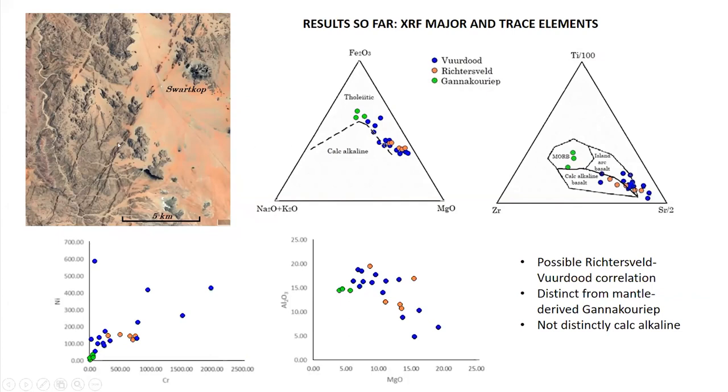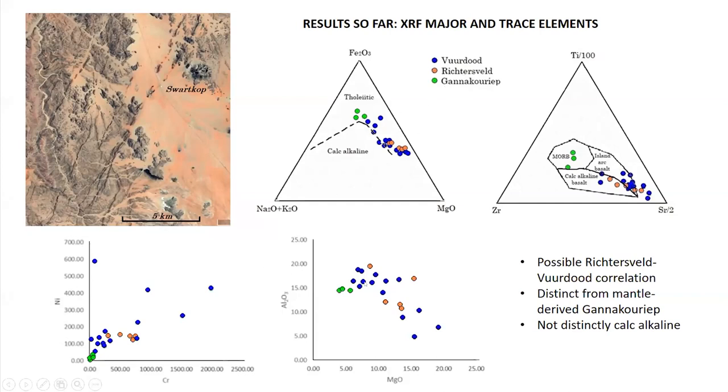If we look at the Google Earth image here, these dark lines are mafic dikes from the Ganakurib suite. It's in the same area: the Swartkop body and this dark body over here are Fieldwood subsuite bodies. I've plotted the dikes to compare them, because we know the dikes are mantle-derived material. They come from the mantle, and the Fieldwood subsuite is suggested to come from the mantle too.